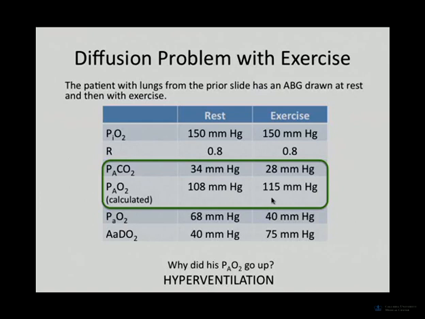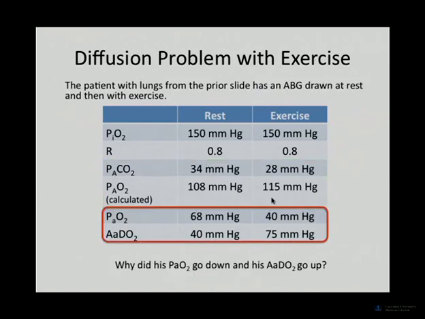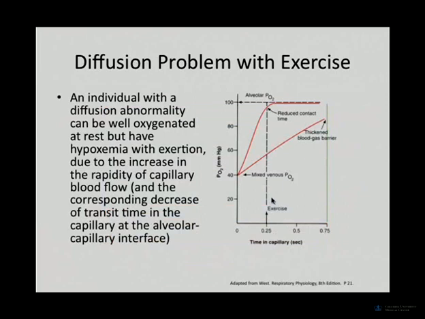Okay? But look what happens to their measured oxygen concentration in their blood. It actually goes down, and their AA gradient, which was abnormal to start, suddenly goes up. Why is that happening? It's because blood is flowing much faster through their capillaries. So here's this person who's abnormal to start. Now they're exercising. This is the only space, this distance here, the hemoglobin has to pick up oxygen, and then it's out of the capillary.